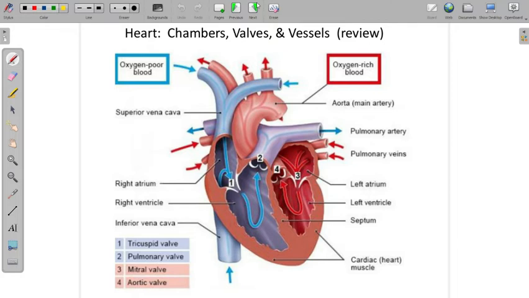So let's just run through this real quick. Blue is oxygen poor, red is oxygen rich. Don't think in terms of blue and red as veins and arteries. Think of it in terms of oxygen level. So just to start out, coming back from the head, we have the superior vena cava.